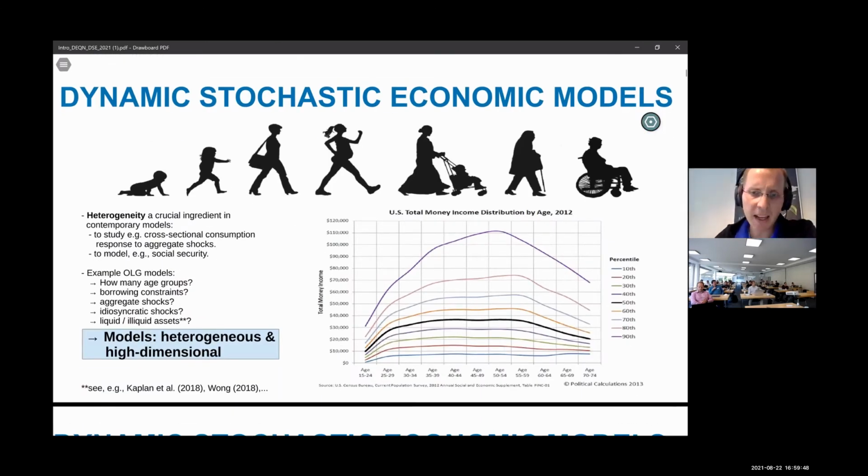So why are we doing what we're doing? A lot of contemporary models in econ are heterogeneous. Examples would be overlapping generations models, a minimum model to study, say, a reasonable retirement fund or pay-as-you-go social security.